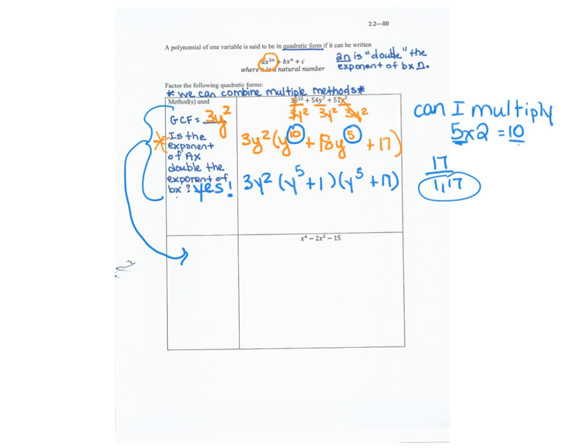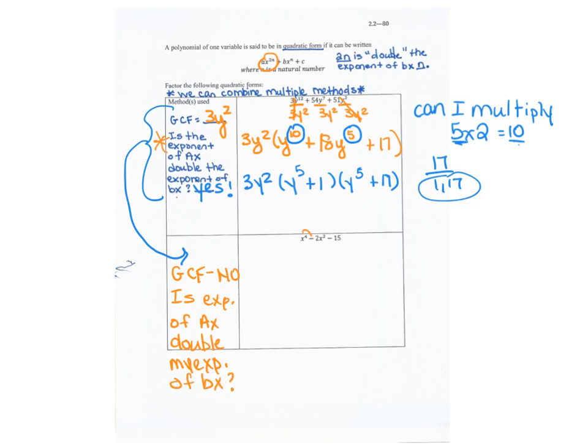Alrighty, you've had a moment to answer those questions. Is there a greatest common factor? No. Is the exponent of my AX term double the exponent of the BX term?